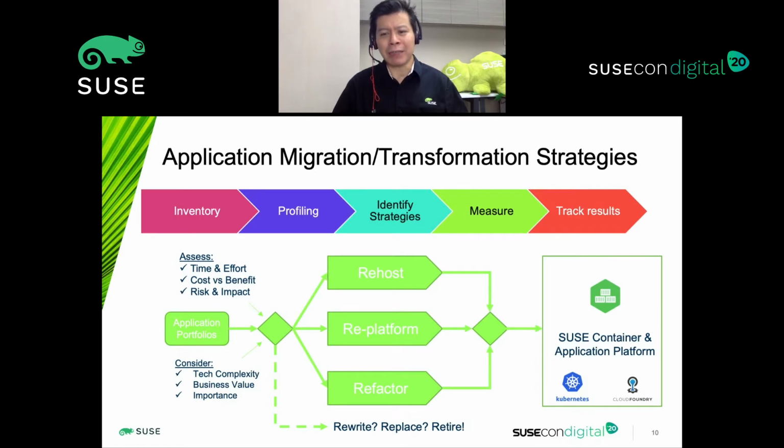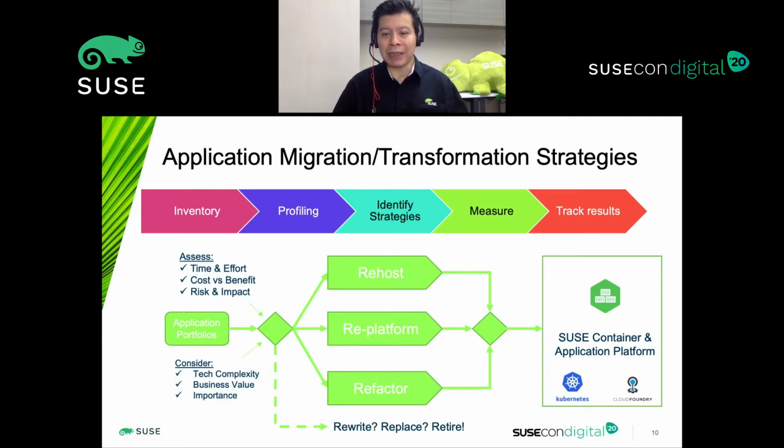But each enterprise may have different weighting on these factors depending on their business objectives. Prioritizing apps to be migrated is like a cost-benefit analysis exercise, with estimated levels of risk involved and its impact.